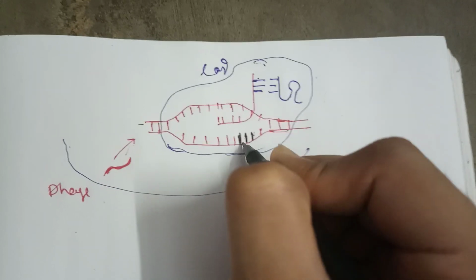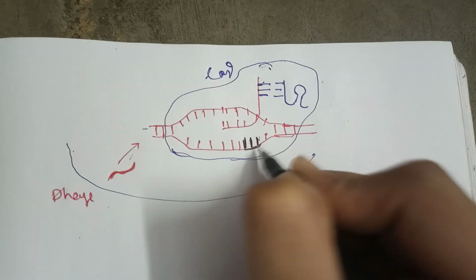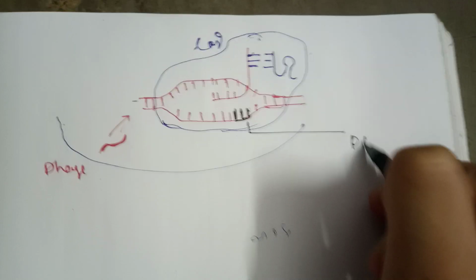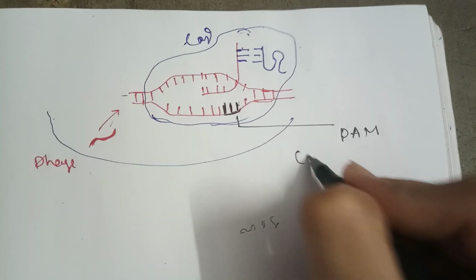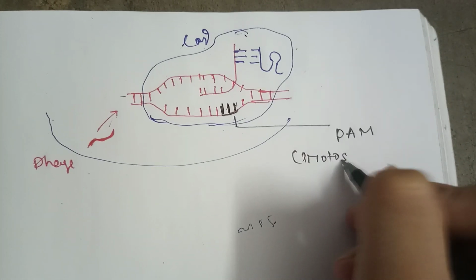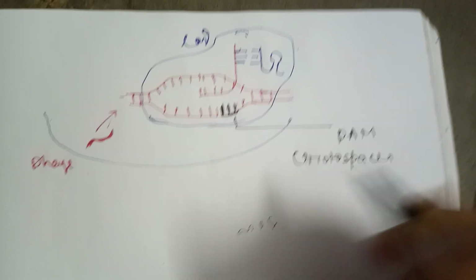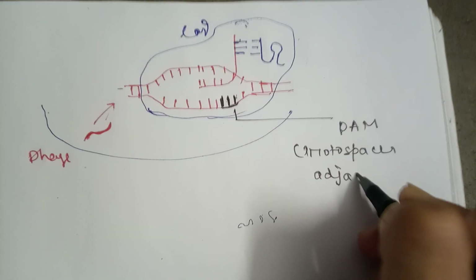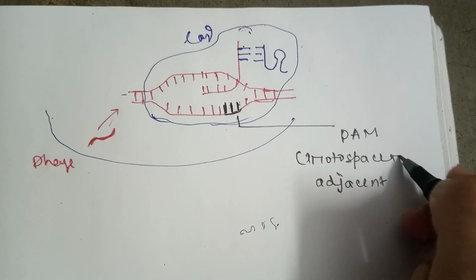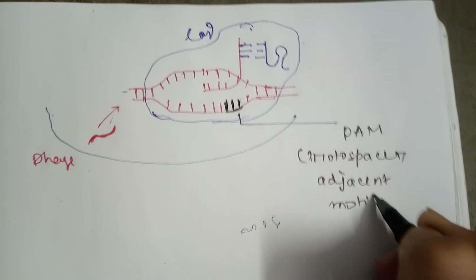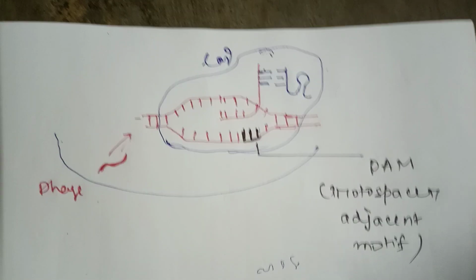Okay, suppose this. This is called PAM, or protospacer adjacent motif. Okay, so what is happening?